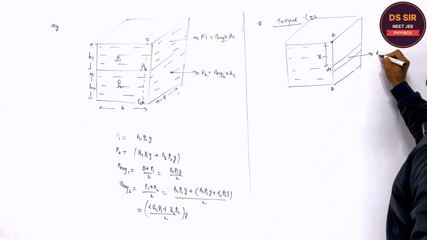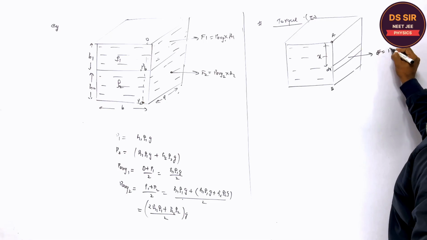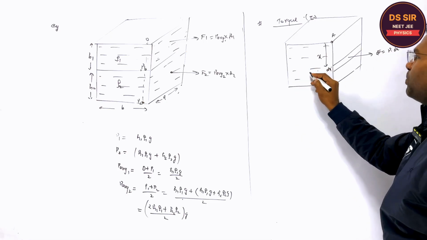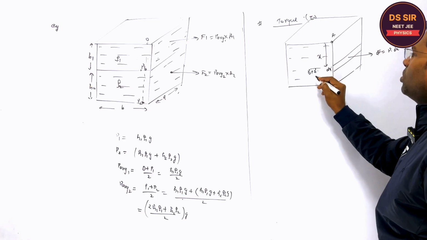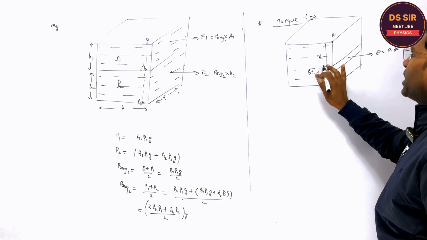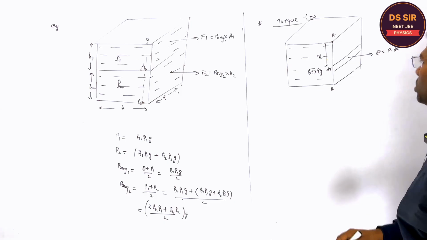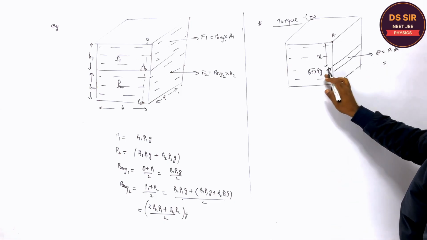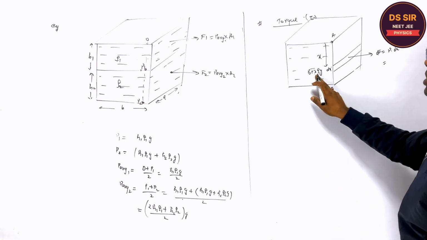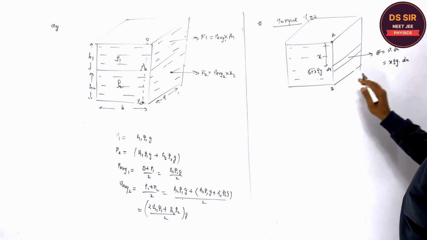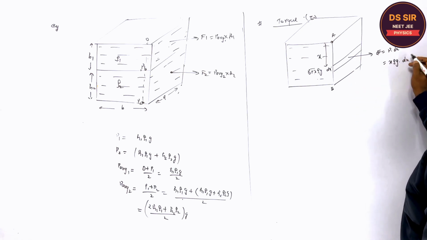What is the dF force? The dF force is equal to pressure at this point into dA. Although at this point the pressure is equal to P naught plus x rho g, right? Outside pressure is P naught. So the net pressure will be equal to x rho g, into the area. I think you are getting it, and this is the dA.